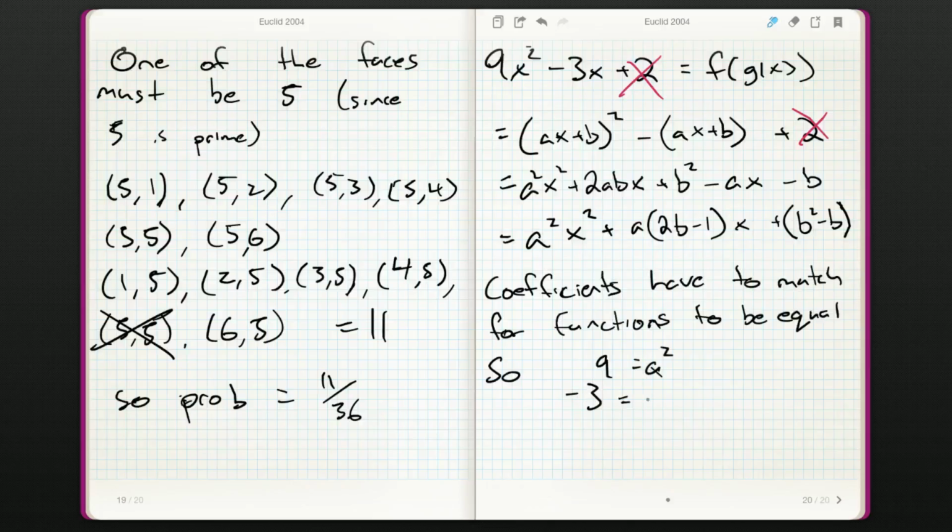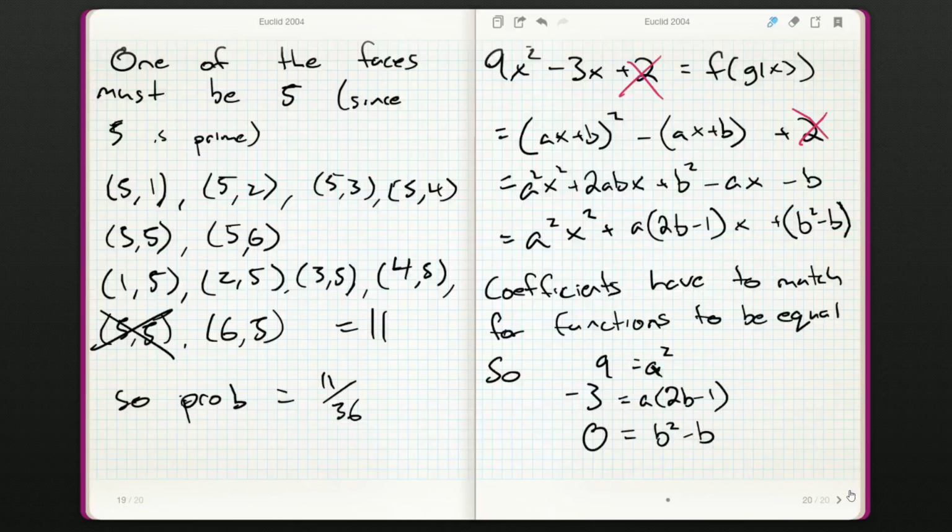Negative 3 is going to be a times, not 3b, 2b minus 1. And then, 3 is a prime, so maybe something there. And then finally, 0 has got to be equal to b squared minus b. Okay, so we've got some great things to look at here.